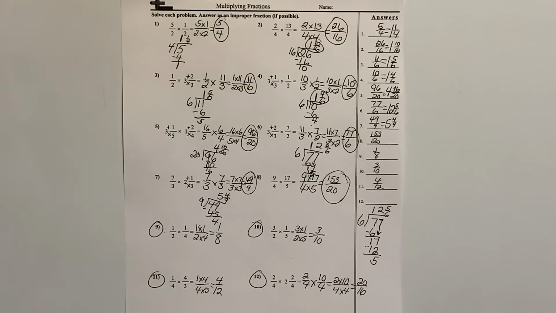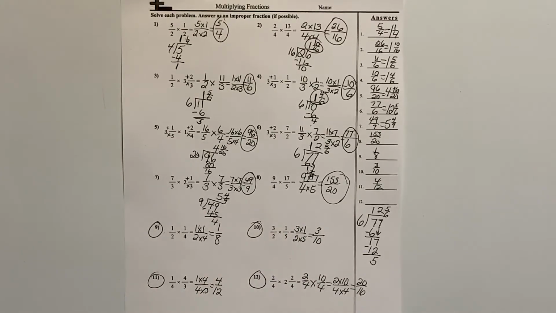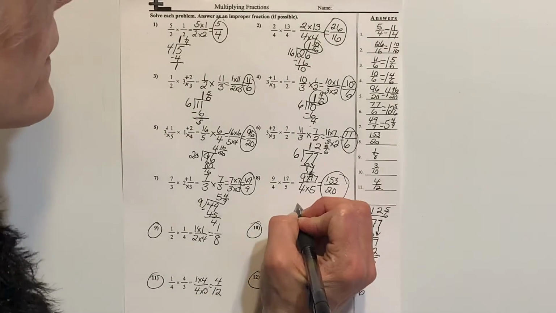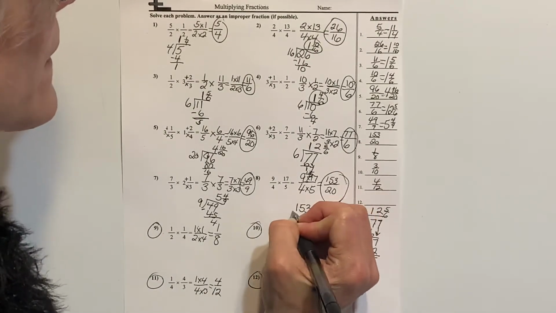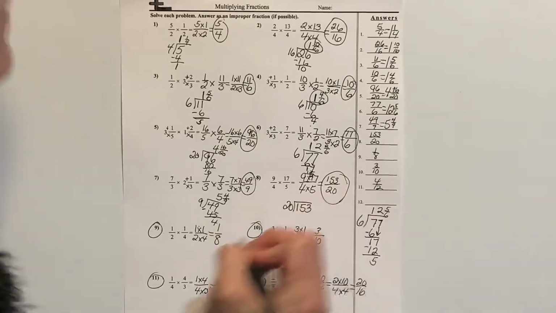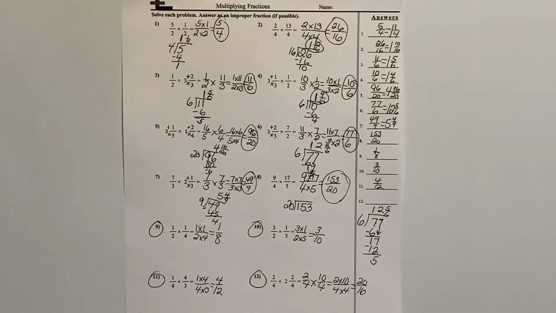All right. Now, we've got 153 divided by 20. Okay. So counting by 20s, I know that we've got 20, 40, 60, 80, 100, 120, 140, 160.